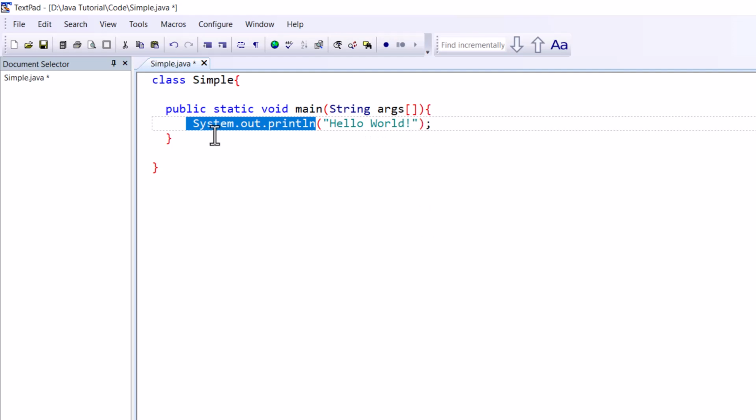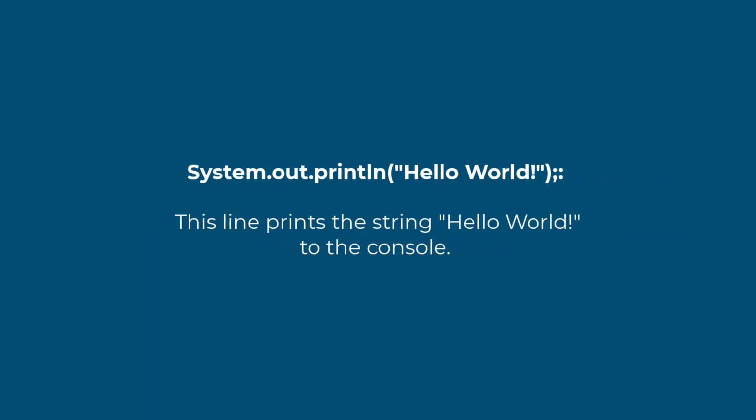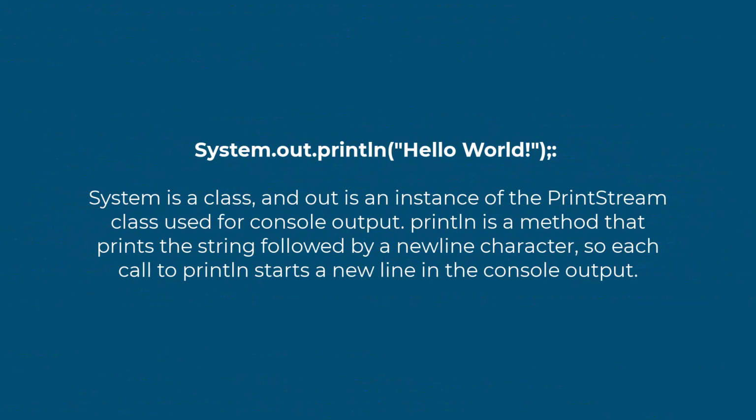Okay, so now let me explain this particular line for you. This line prints the string Hello World to the console. Console means whatever I show you on the black screen, the output will be shown on the black screen. That is nothing but a console. System is a class, and out is the instance of the PrintStream class used for console output.